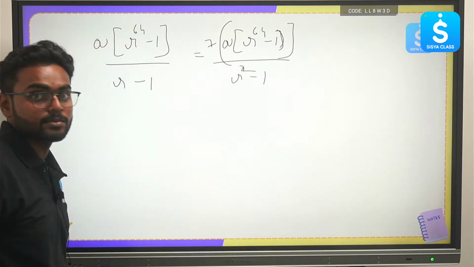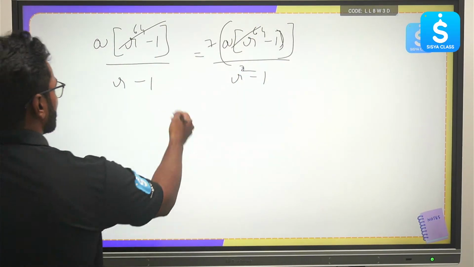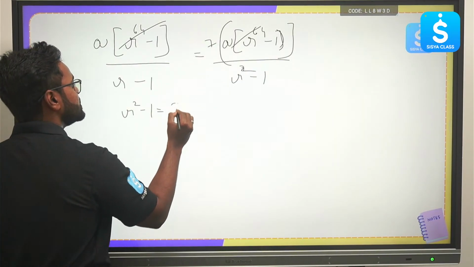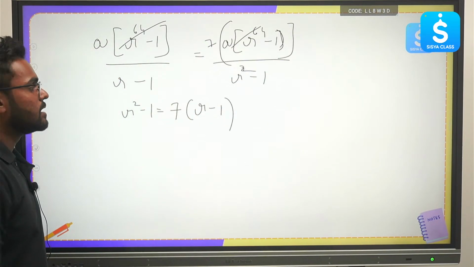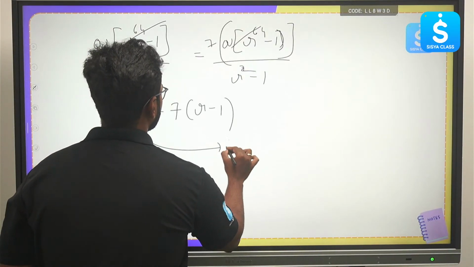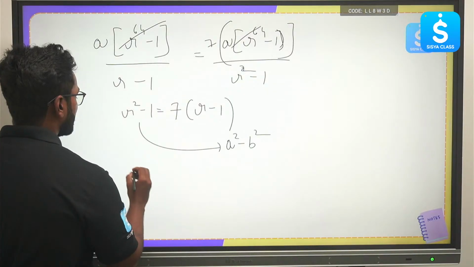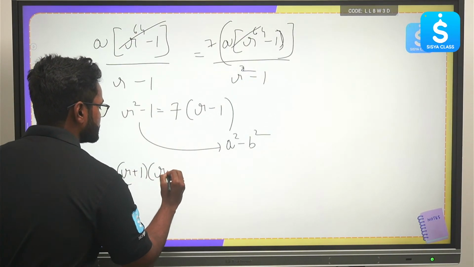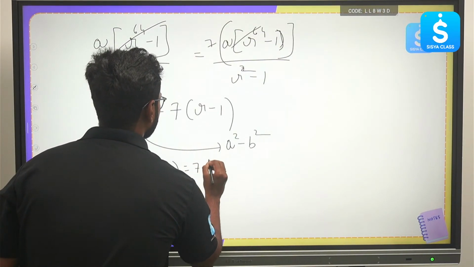The equation would be the same. We can cancel out the numerators. If you cross multiply, r square minus 1 is equal to 7 into r minus 1. It is in the form of a square minus b square, right? We'll apply that formula, r plus 1 into r minus 1 is equal to 7 into r minus 1.